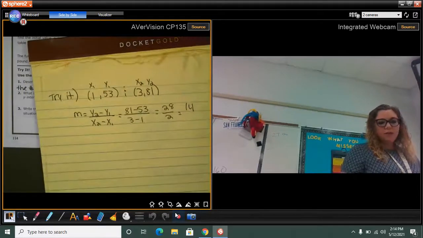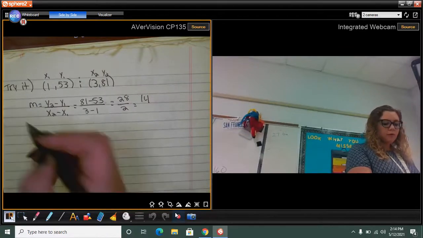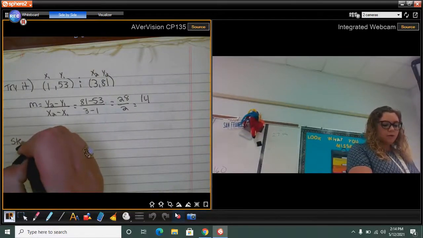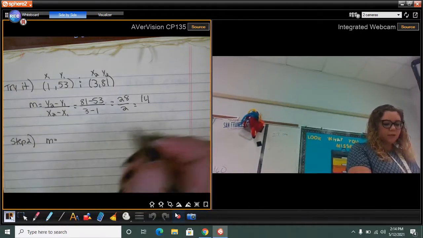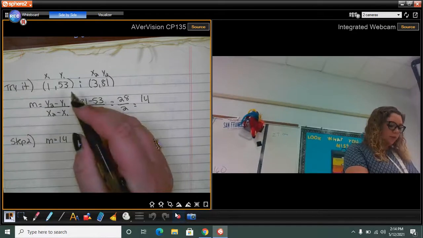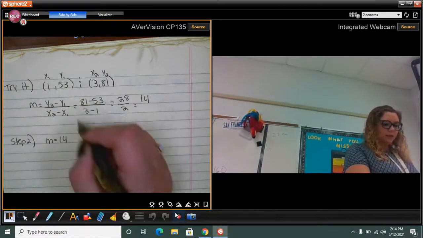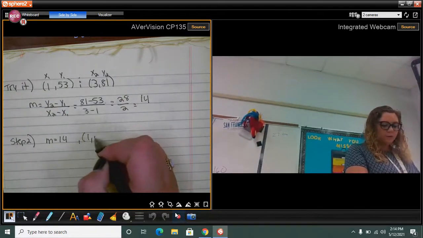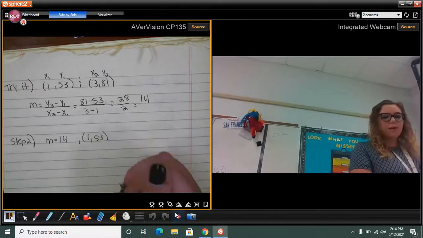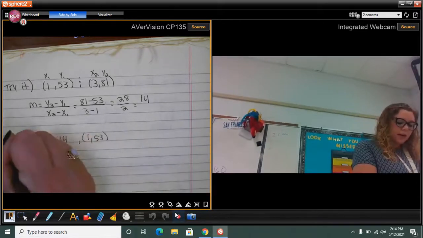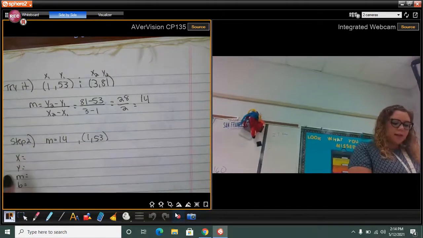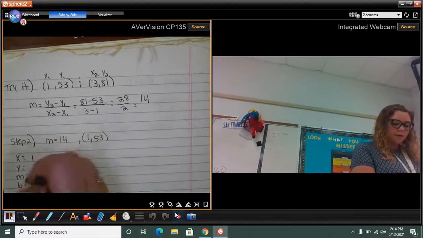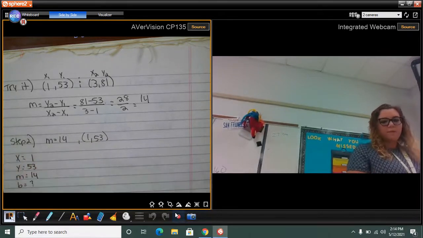Okay, so we have my slope, to find my y-intercept. We have my slope, which is 14. And then we're going to pick a point. Okay, we're going to pick this one up here, just because it's the first one. And we're going to do what we did yesterday. So we have x, y, m, and b. My x value is 1, y value is 53. m is 14, and we don't know my b.